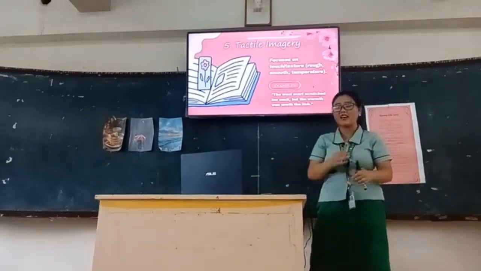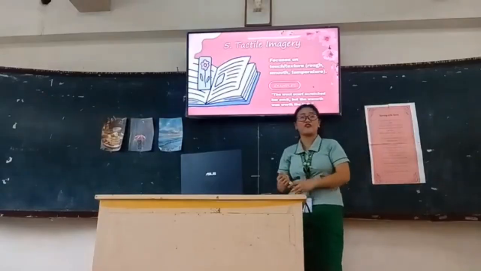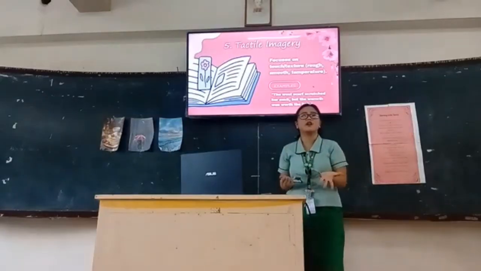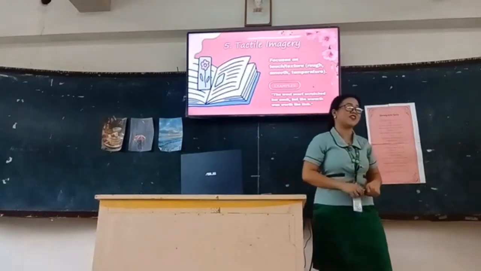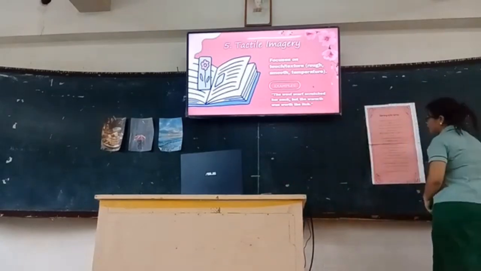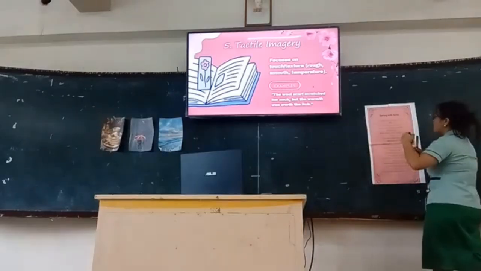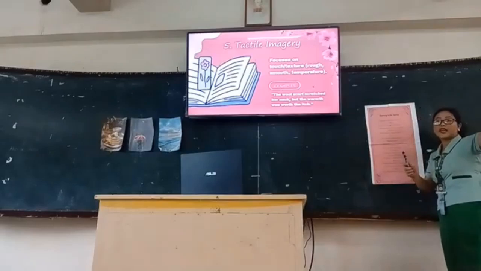Very good, Aryan. We are talking about tactile imagery, the feeling of being scorched, the temperature, the touch, texture, everything that surrounds the being, like the feeling of being touched. So, 1.4, this group for getting it correct.